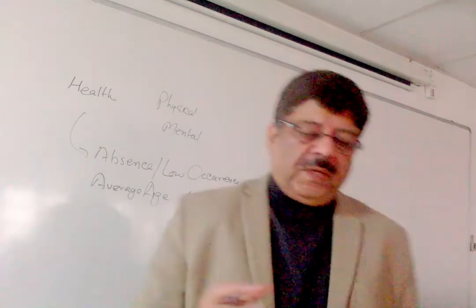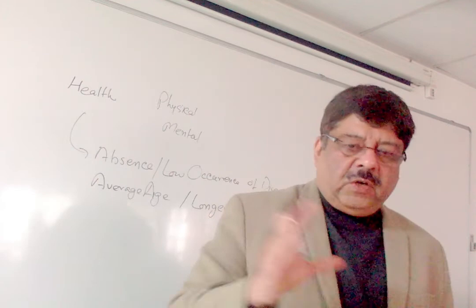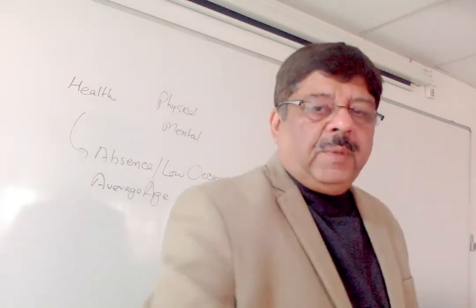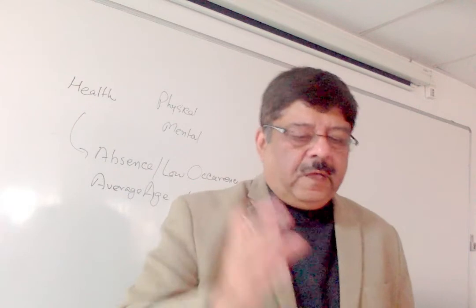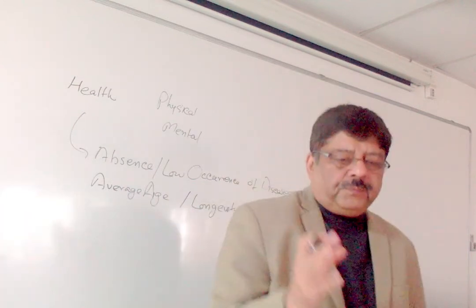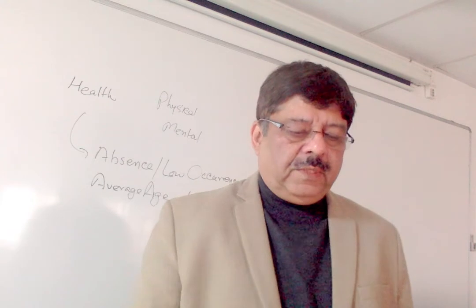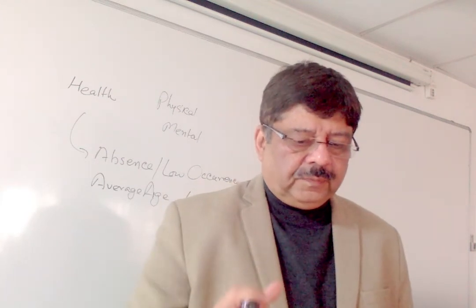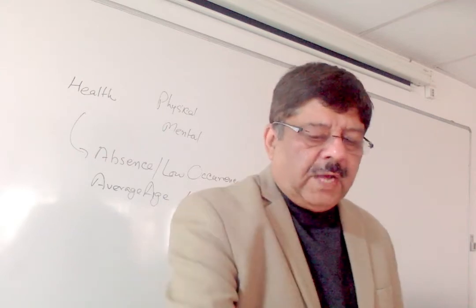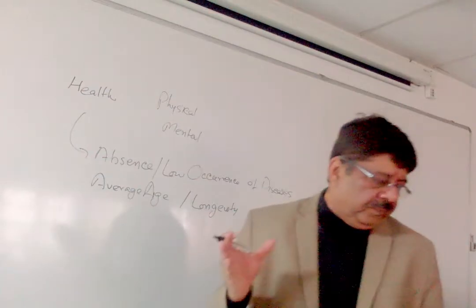If the longevity is long, then on average people are attaining the age of 80, 100. Then you can say that it is a healthier society, isn't it? Yes, sir. So longevity is a great societal indicator.